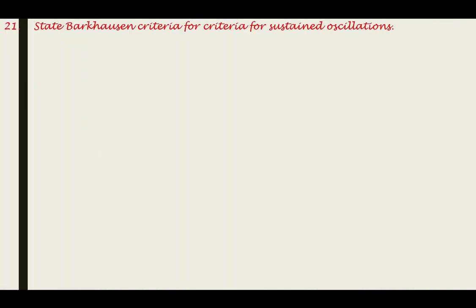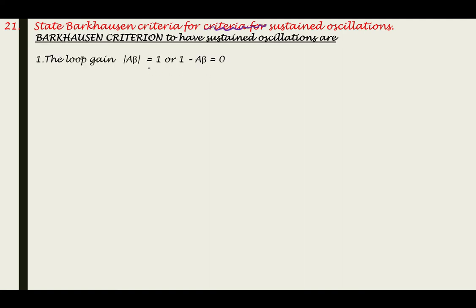Then the next question: state Barkhausen criteria for sustained oscillations. There are 2 conditions known as Barkhausen criteria. The first is that the loop gain |A beta| should be 1, because in the formula 1 minus A beta, it should be 0.